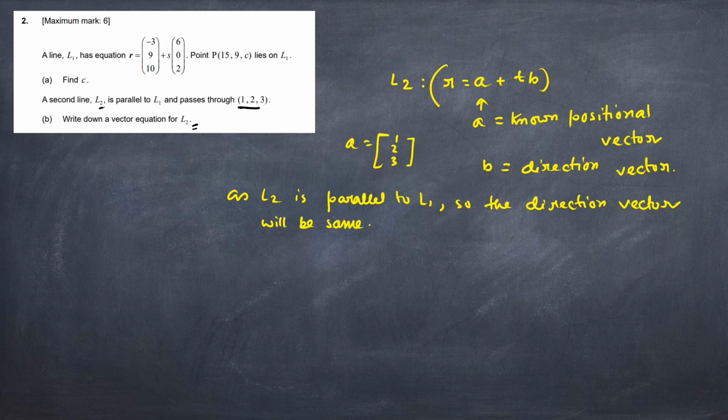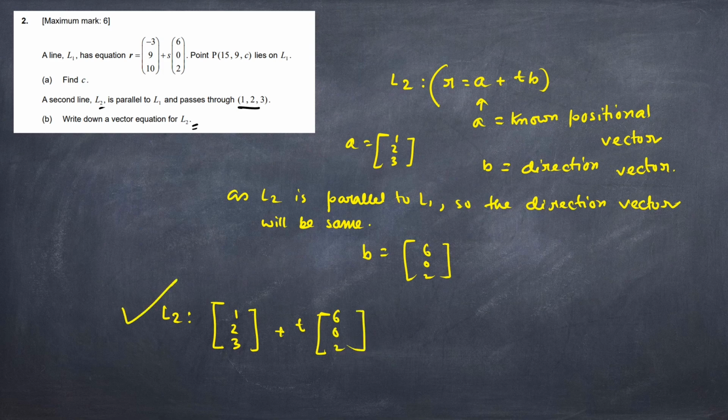So from here you can see the direction vector b will be equals to 6, 0, 2. So now we can construct the equation for L2, that is a plus tb. So it is nothing but 1, 2, 3, the known position, plus t into the direction vector, that is 6, 0, 2. So this is the equation of L2.